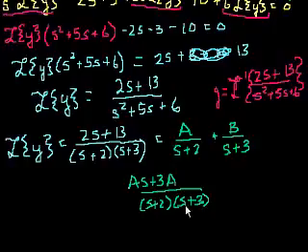This, as I've written it, is the same thing as a over (s plus 2), since you could cancel out an (s plus 3) on the top and the bottom. And now we're going to add the b to it. If we have this as the denominator, we multiply the numerator and the denominator by (s plus 2) to get bs plus 2b.